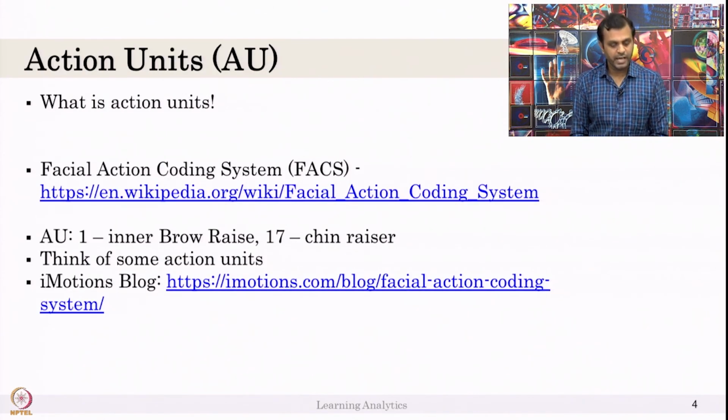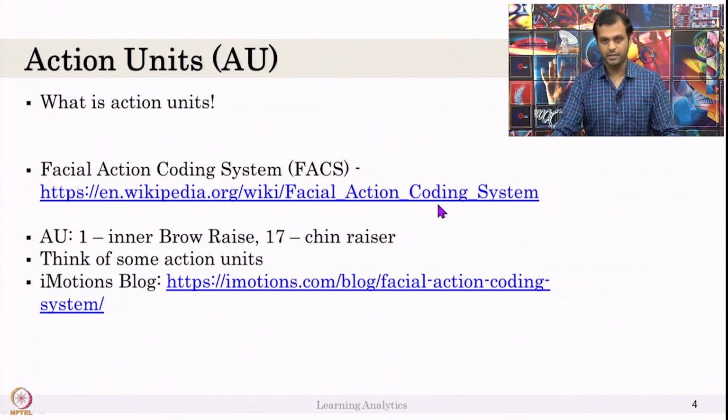In order to detect facial expressions automatically, Paul Ekman's research suggested that there are action units in your face, such as inner brow rise, chin and lips rising, nose wrinkle. Paul Ekman listed all these action units in the Facial Action Coding System, FACS.